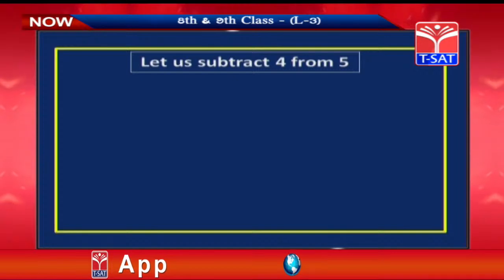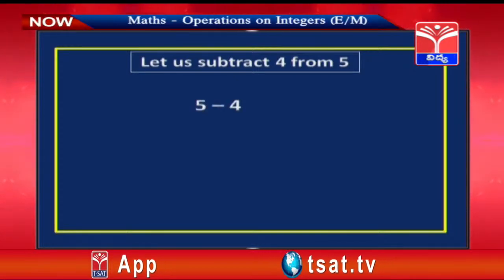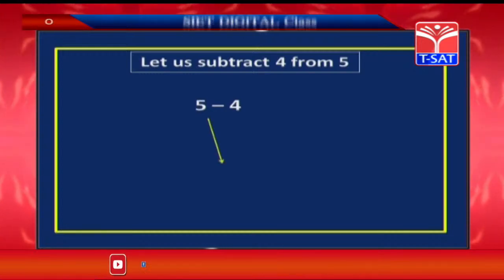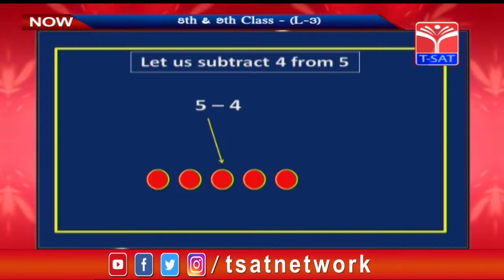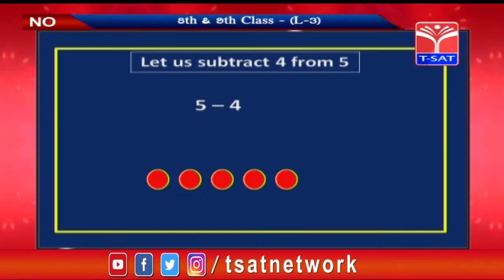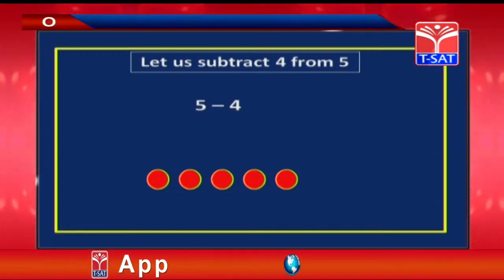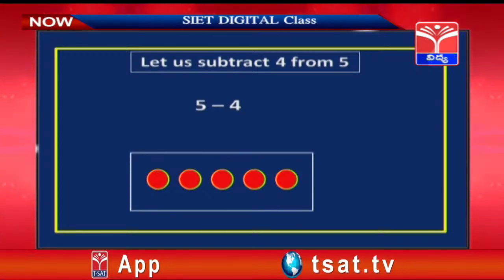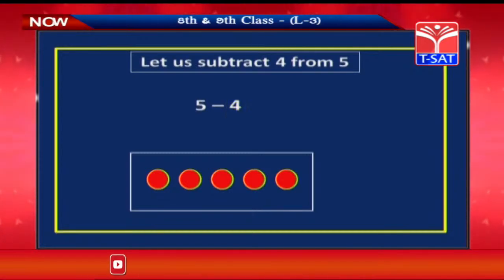Here we have started with again two positive numbers, right, children. So, we take 5 minus 4. 5 represents, yes, 5 red coins. Similarly, we have a positive number subtracted from another positive number, that is 4. So, from these 5 red coins we are going to subtract 4 red coins, that means we are going to remove 4 red coins.